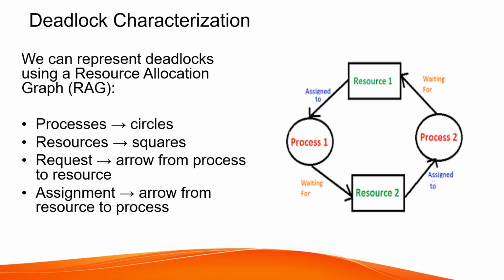And similarly, process 2 couldn't complete its work as it needs resource 1, but that has already been with process 1. So this cycle is what is called deadlock. Here the progress is not seen. Both the processes are waiting for the resources that the other process is holding. So this is what is called deadlock.